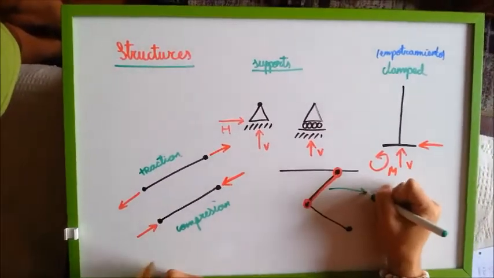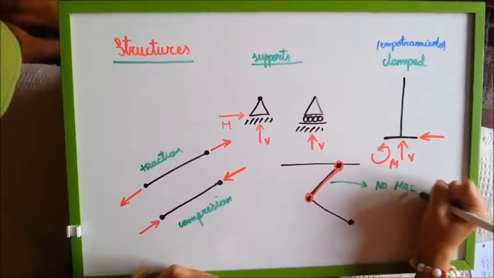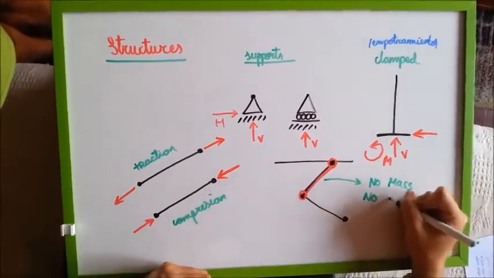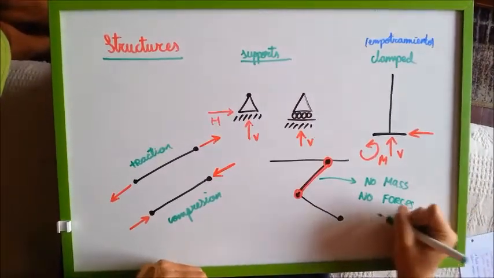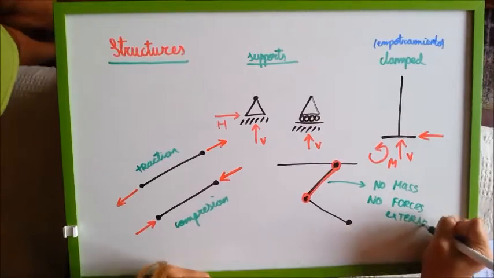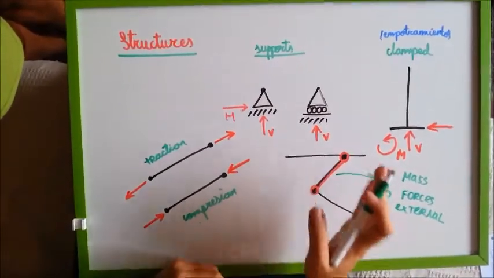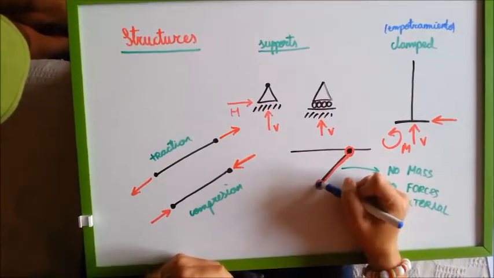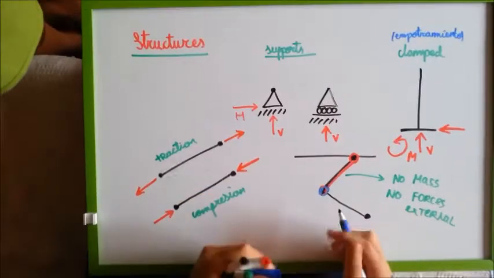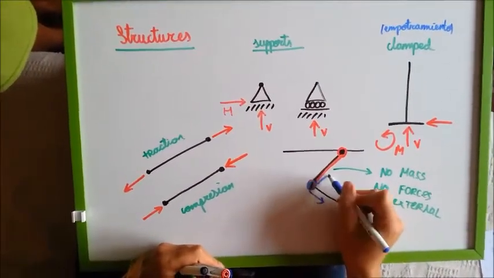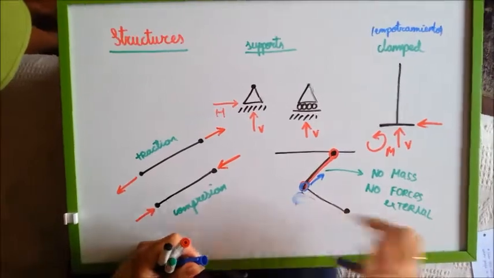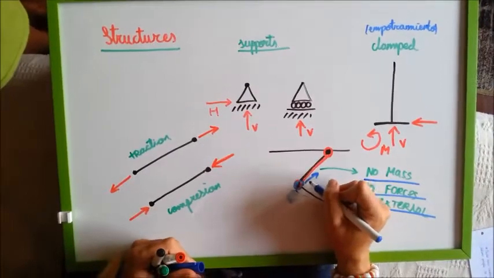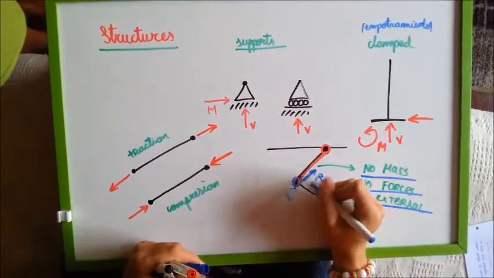If this rod has no mass and there are no external forces acting on it, the reaction forces of this rod are in the direction of the rod. So here, as you know, the reaction can be this way, or whatever. But if the rod has no mass and there are no external forces acting on it, the reaction goes always in the direction of the rod.